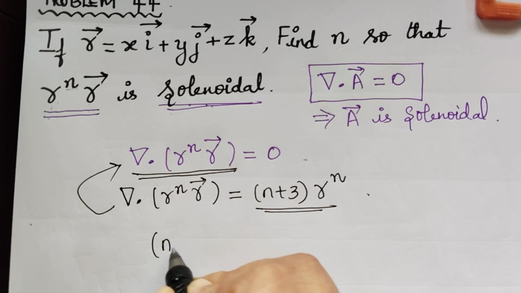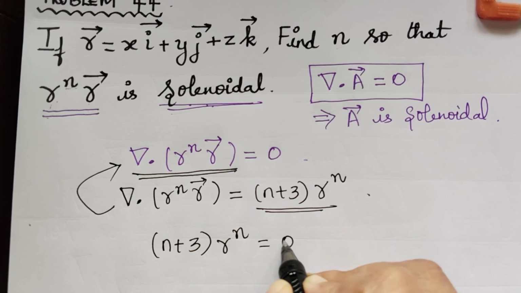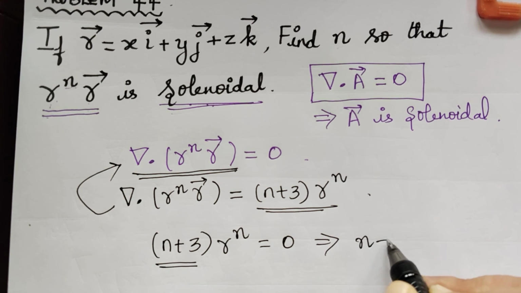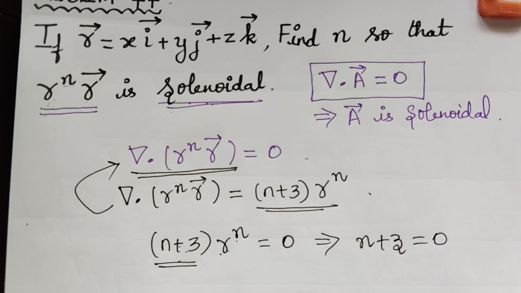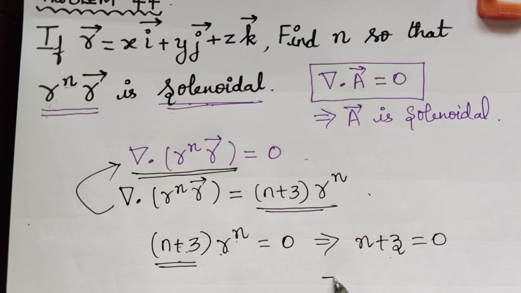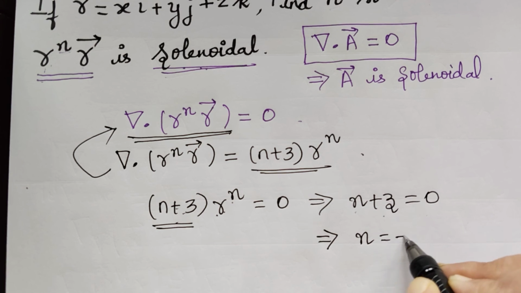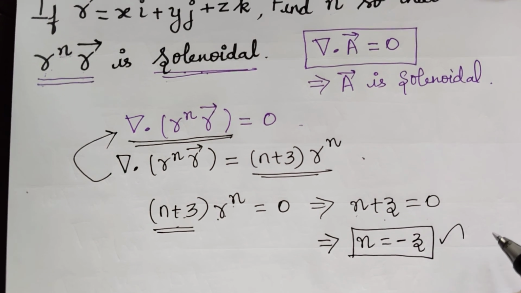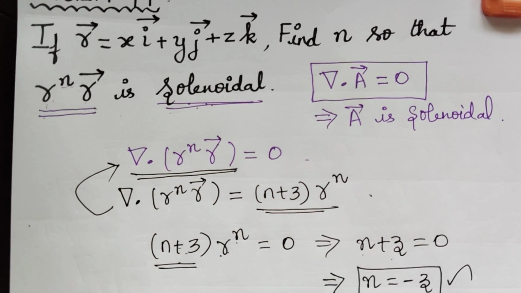So n plus 3 r to the power n will be equal to 0. So from this we can say that n plus 3 is equal to 0, since these two are in product, and n plus 3 is equal to 0 implies that the value of n is equal to minus 3. So therefore we have obtained the value of n given that r to the power n r vector is solenoidal.